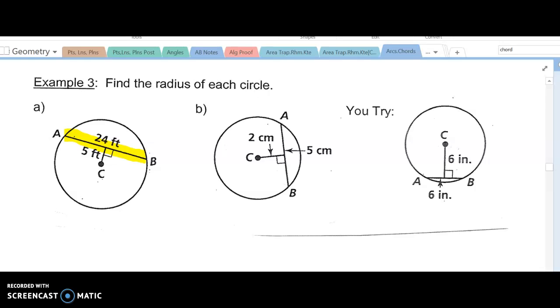I also noticed that I have a box here, which tells me that not only is this perpendicular, it will be the perpendicular bisector. It will cut that chord in half because it's perpendicular. I know that will always happen. So 12 on each side. To be honest, 5 and 12, that's making me think about a 5, 12, 13 triple.